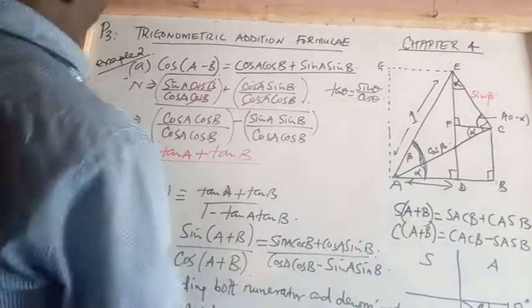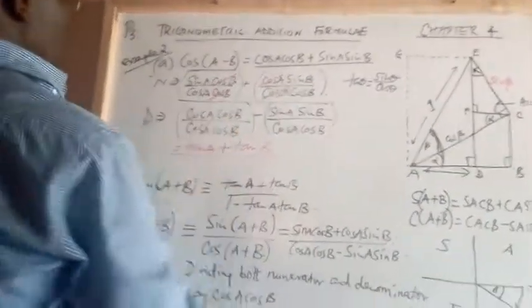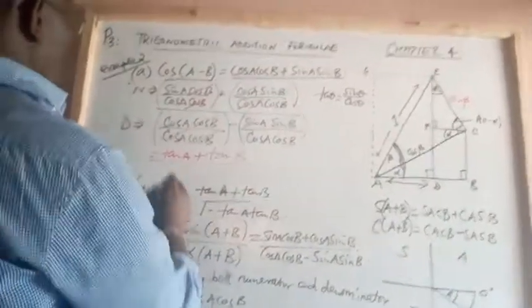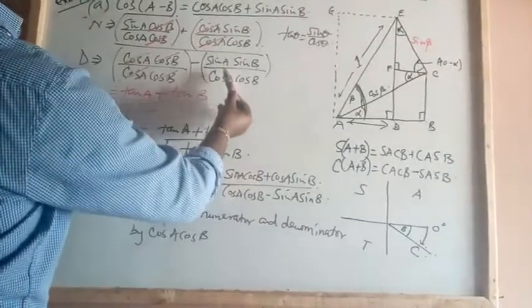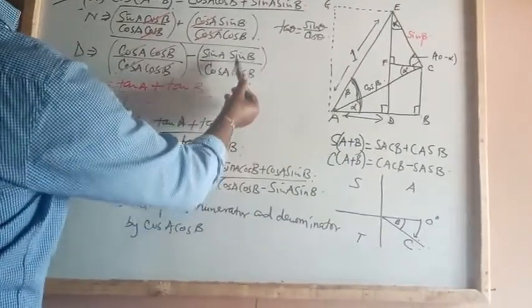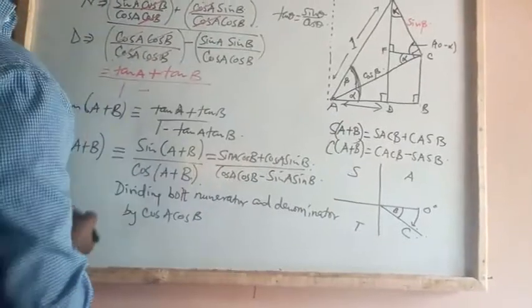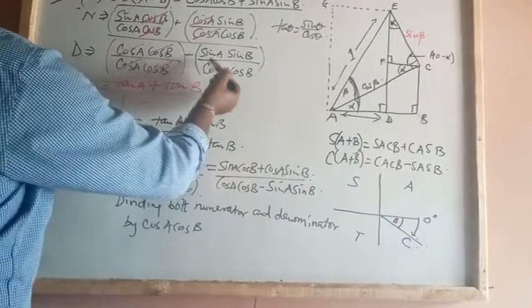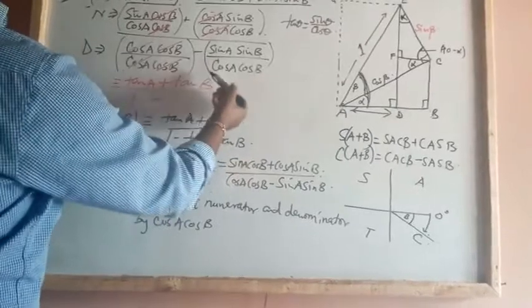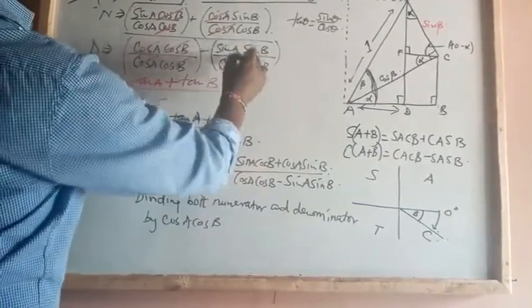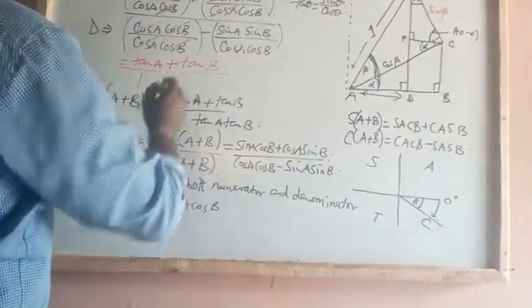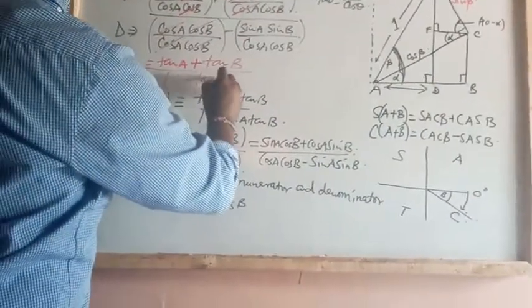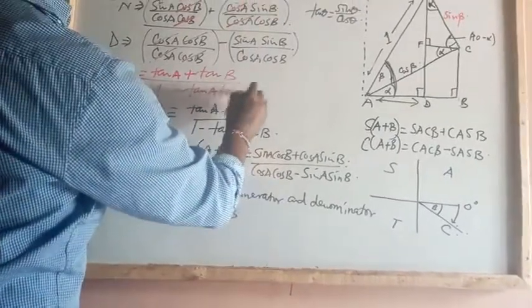Look at the denominator. Cos A cancels out, cos B cancels out, leaving 1 minus sin A sin B over cos A cos B. This is by itself tan A times tan B. So we have tan A tan B, and this is exactly what you're supposed to show.